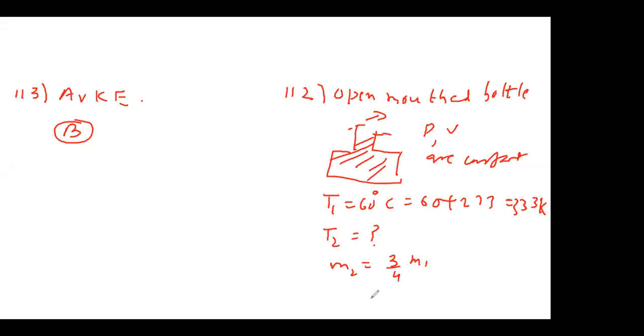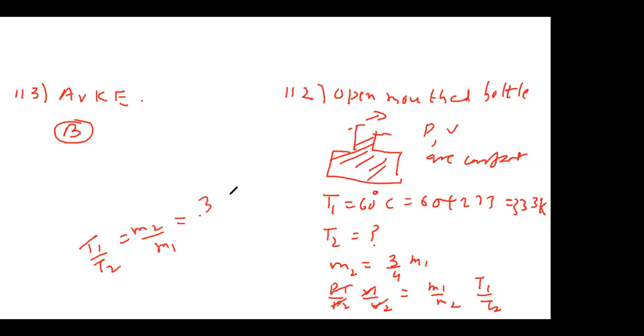हो गया. What should be the temperature? फिर से वही सेम मंत्रा डायरेक्ट लिखता हूँ. P1 upon P2, V1 upon V2 is M1 upon M2, T1 upon T2. Pressure same है, volume same, cancel. Therefore T1 upon T2 is M2 by M1.